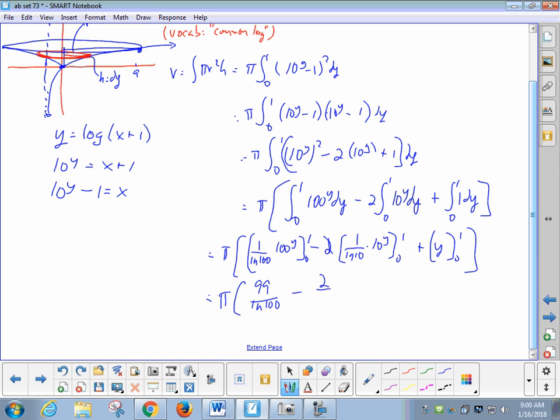Minus 2 over natural log of 10 times, what is 10 to the y from 0 to 1? 10 to the 1 minus 10 to the 0, which is 9, plus 1. And I think at that point, these really are like terms. We could make this log of 10 squared, bring down the 2, and combine like terms. What are you feeling? No? Yeah? Let's call it good. After that yawn, I'll say, let's call it done.